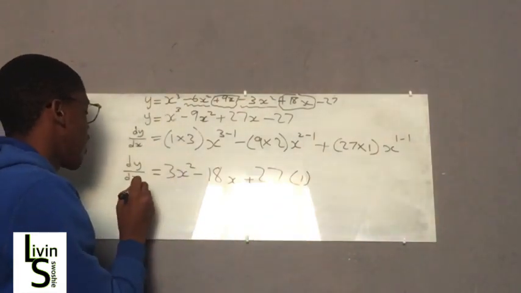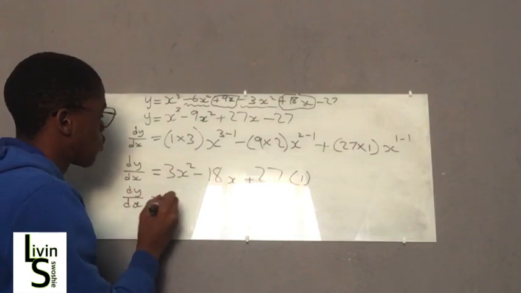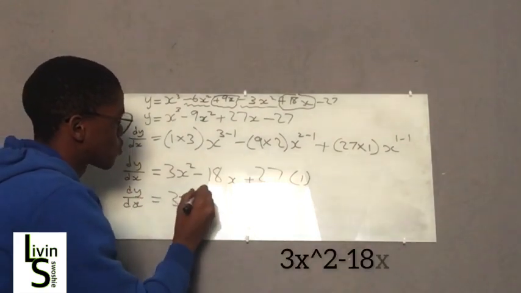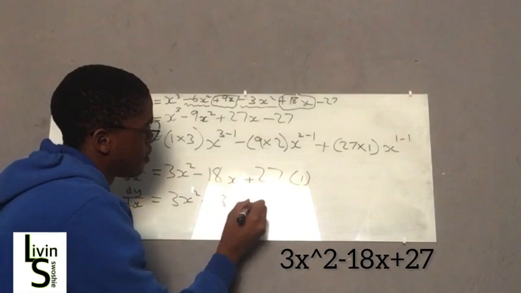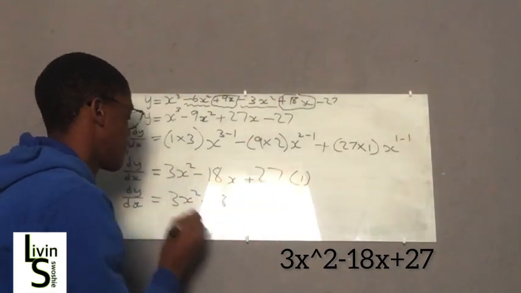So our dy over dx is equal to 3x squared minus 18x plus 27.